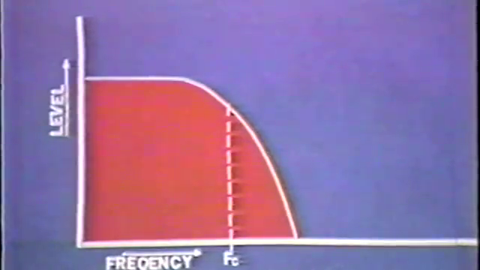This is the frequency response of the low-pass filter. In the low frequency range, the signals are passed, but above a certain frequency, it becomes difficult for the signals to pass. This point is called the cutoff frequency, or FC. With the Casio tone, the cutoff frequency changes depending on the tone selected, to cut the unnecessary frequencies.